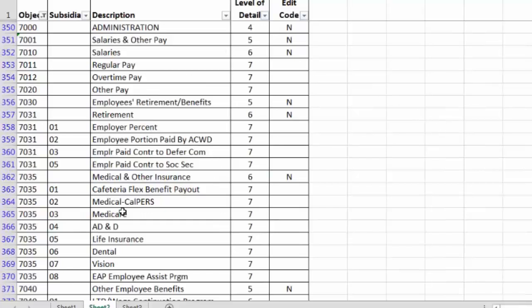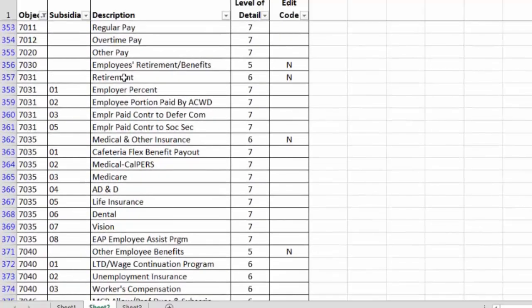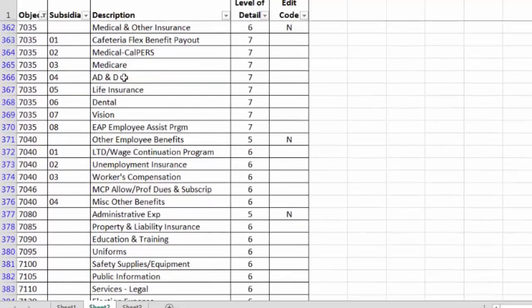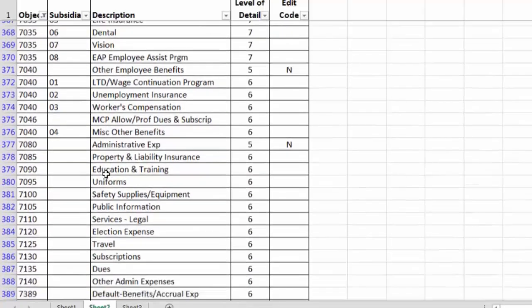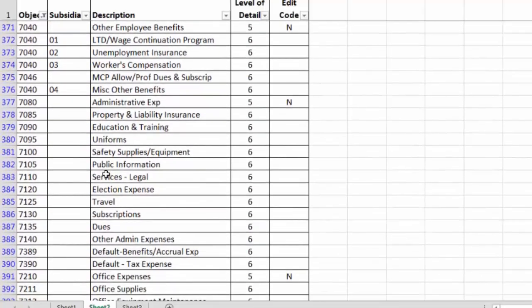So this is our administrative and general overhead section of the chart. Again, expenses. This is where all of my departmental costs will arrive, or in some cases, company-wide expenses.